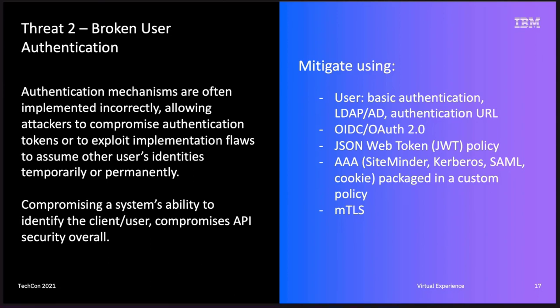API Gateway also provides easy integration with many industry-leading identity access management solutions like LDAP and Active Directory. API Gateway is a strong solution for providing a centralized point of control for message authentication. This IBM solution implements a broad array of security standards such as OIDC, SAML, Kerberos, SiteMinder, and more.